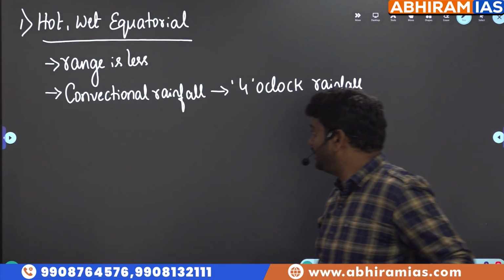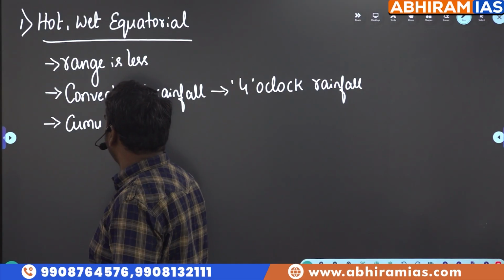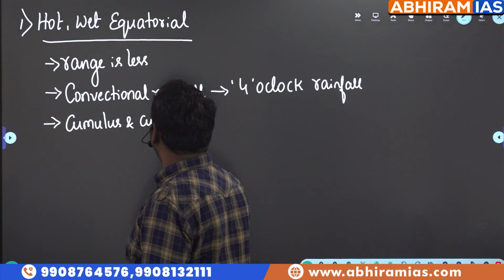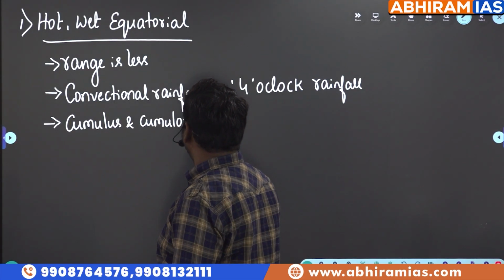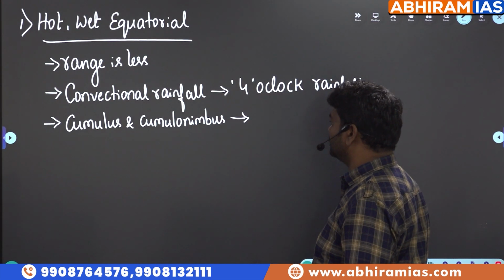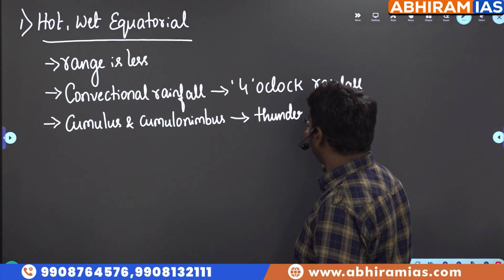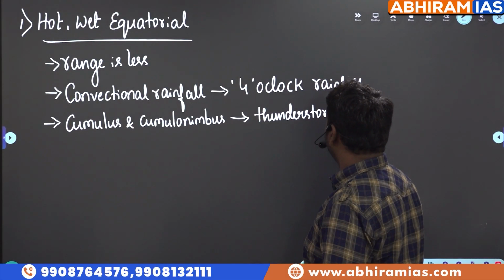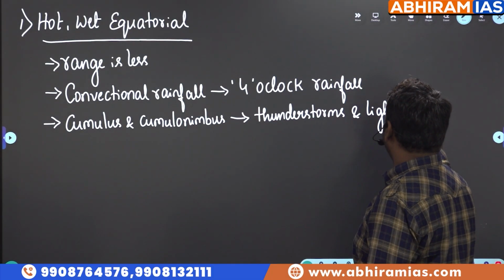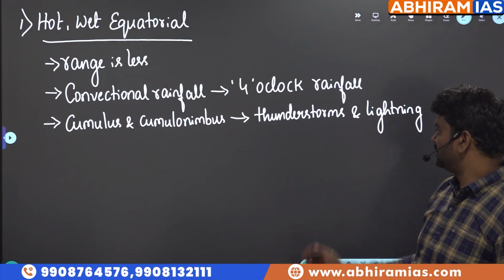The moment clouds rise vertically, you will have cumulus and cumulonimbus. If you have cumulus and cumulonimbus, you will have thunderstorms and lightning. This is very essential.